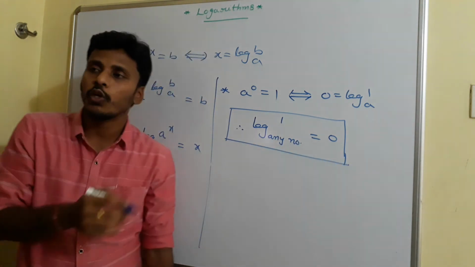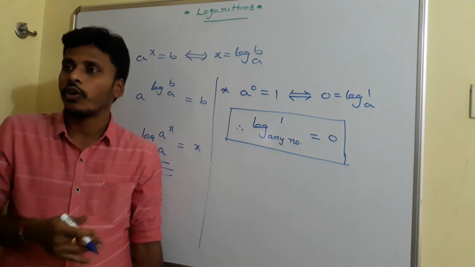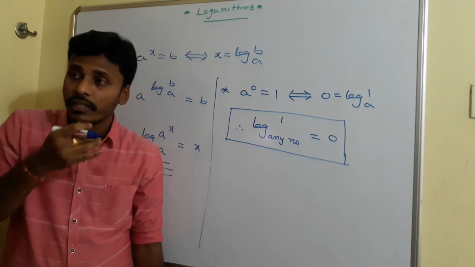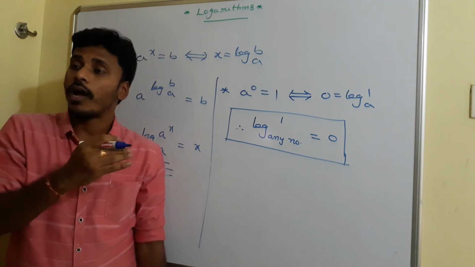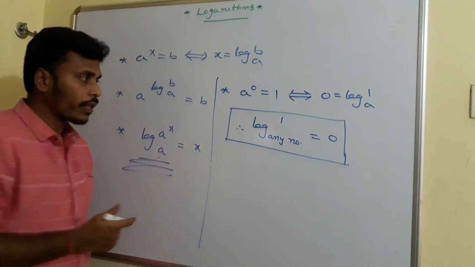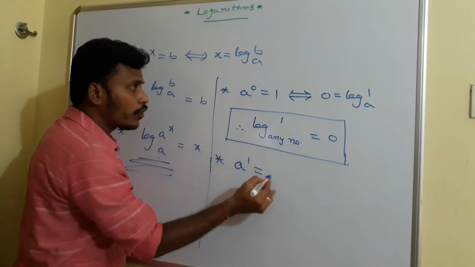Instead of that number, you just take anything as you wish, right? So logarithm of 1 base 7 is 0, logarithm of 1 base 2019 is 0, logarithm of 1 base 100 is 0, logarithm of 1 base any number is always 0. That is another law. And one more thing, a to the power of 1 is equal to a.